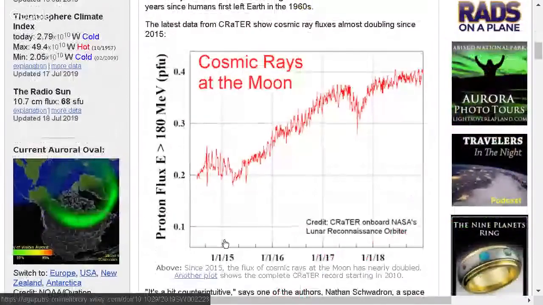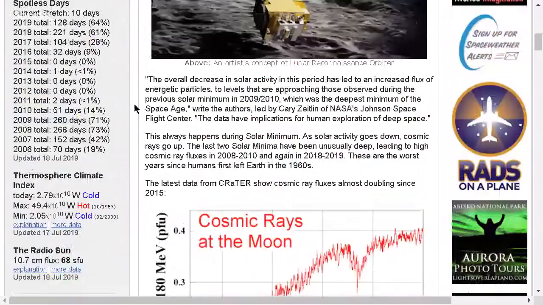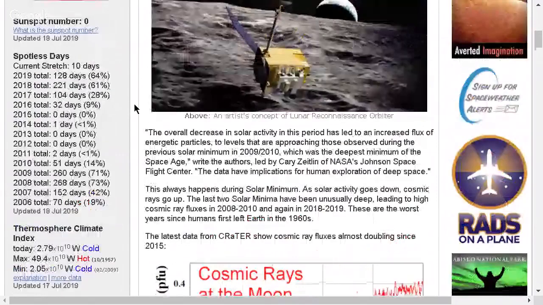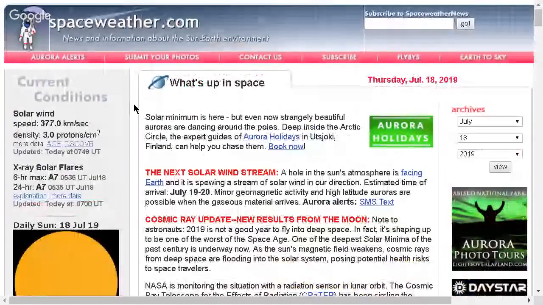And while cosmic ray flux is higher now than it was in 2015, which makes it a terrible time to go to Mars or the moon, especially Mars, since you won't return alive. You'll get to Mars, you'll be alive, but you'll die there or on your way back, because you will continue to get pelted with cosmic rays due to the all but lack of a magnetic field on the planet Mars.